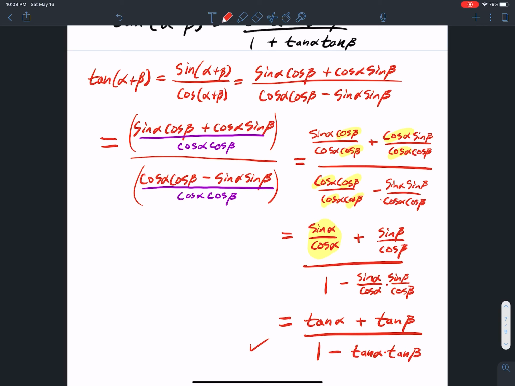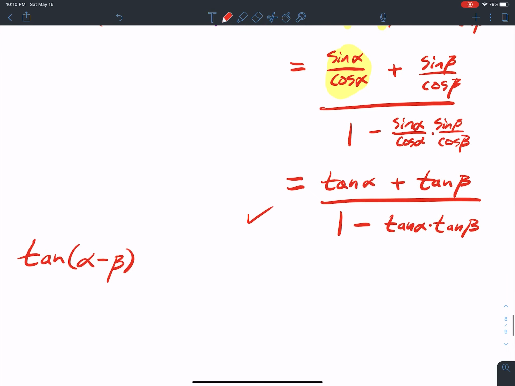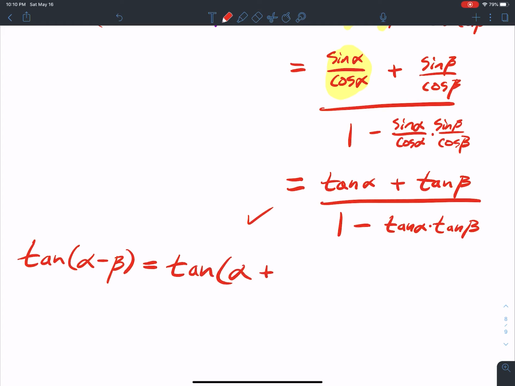We can do the same thing we've always done, our little trick, for tangent alpha minus beta, the difference formula. Rewrite this as a sum: tangent of alpha plus negative beta. And what does this equal?